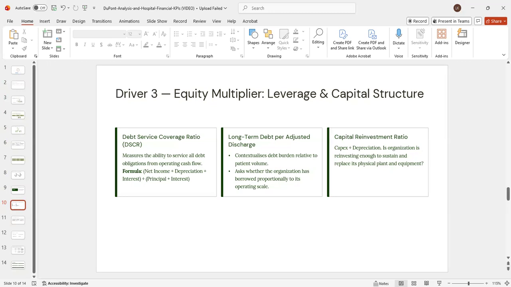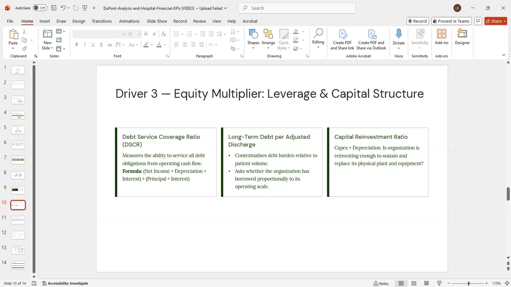Right. So for every dollar loss of value in the underlying asset, you are continuing to reinvest so that you maintain your equipment and physical plant at a level that doesn't cause a loss of required assets, right?